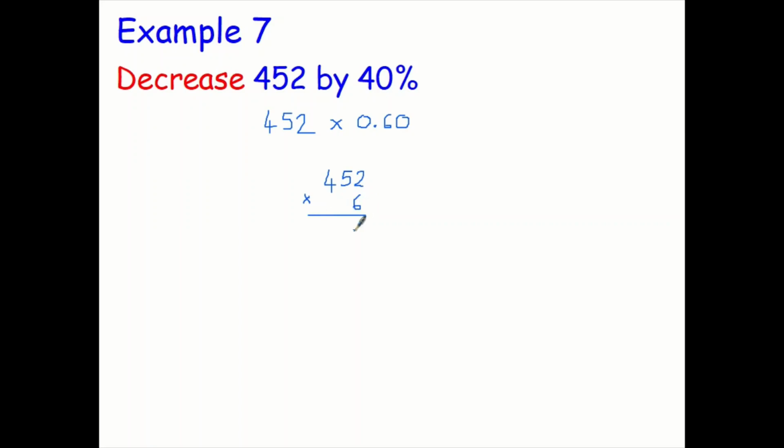I'll worry about the decimals later. 2 6s are 12, 5 6s are 30, plus that 1 is 31. 4 6s are 24, plus 3 is 27. So what do I reckon my answer is? If my original number was 452, then the only reasonable number would be 271.2.